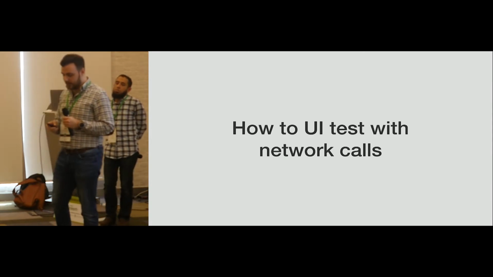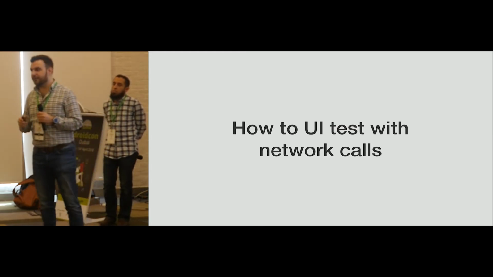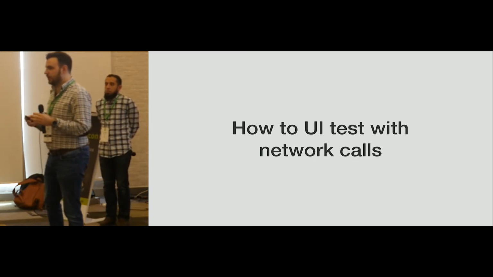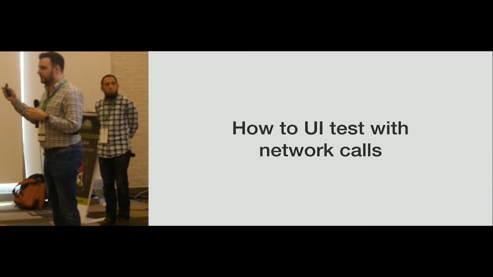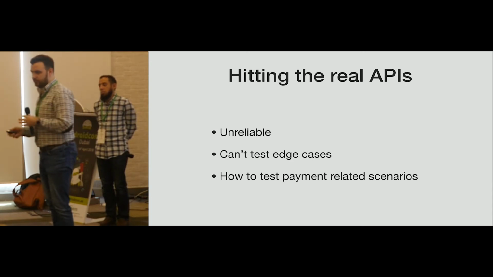But you run into issues when you're dealing with network calls. If you're just testing things like login and so on, okay, now it works, but if your server is down or your network has issues, your test will fail even though it should be successful.